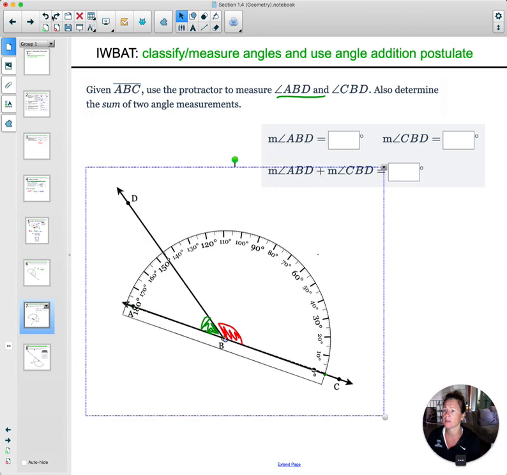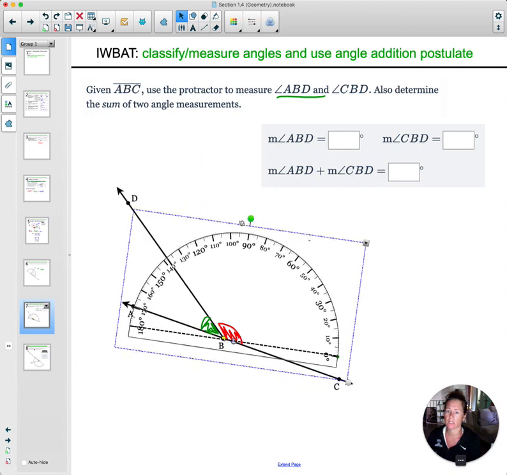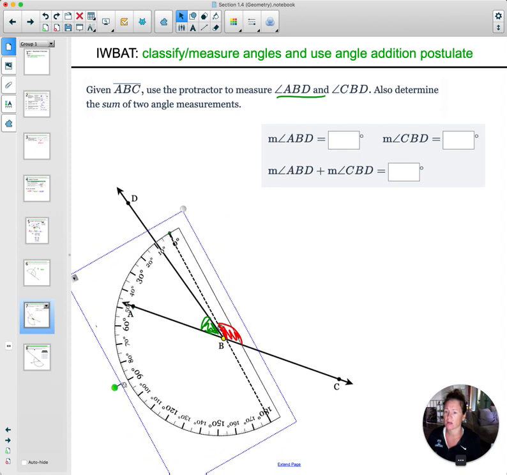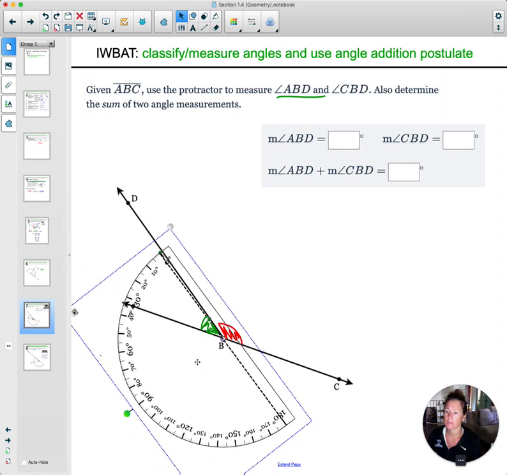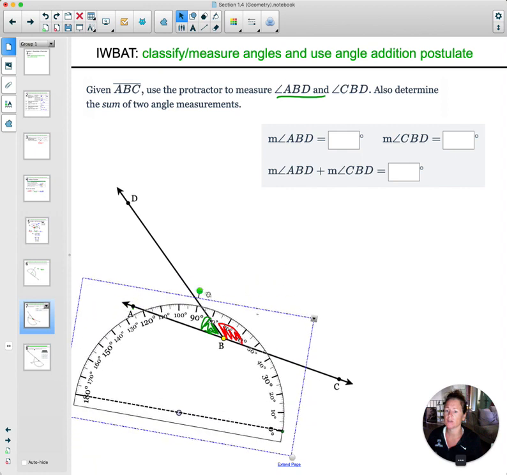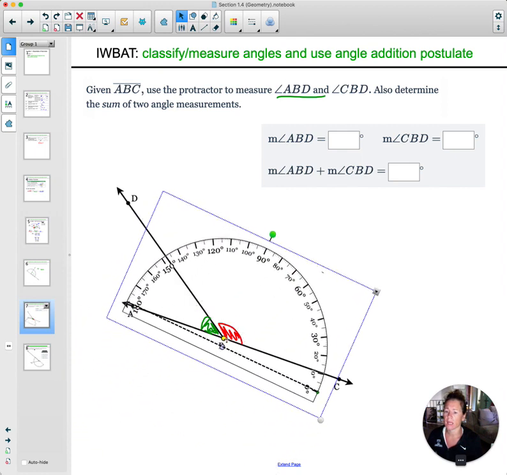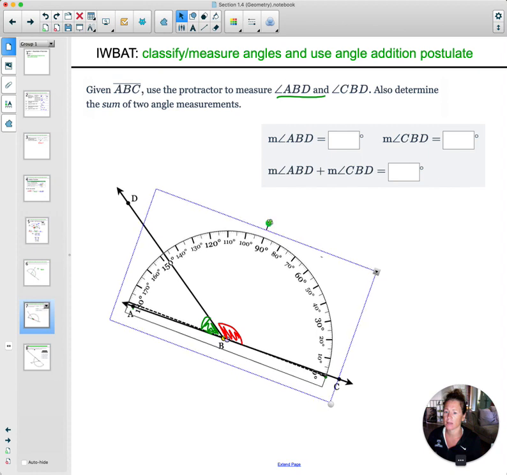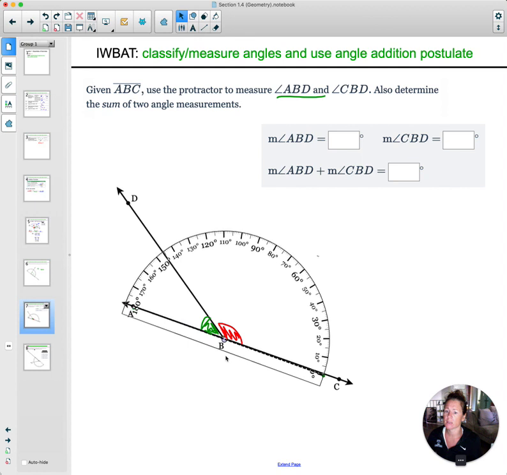You can, if you want to, rotate it all the way around to get that 0 on there. I just didn't particularly want to. So let me line this back up. Again, just make sure the center is on the vertex.